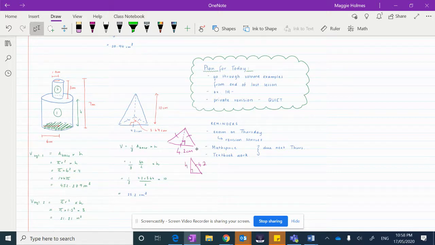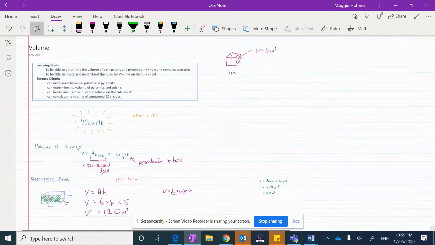This is your perpendicular height you're trying to find, and you've taken half of the base, so that's going to be 2.1. And you can do some Pythagoras to find h. So that's a much more complex problem, okay? But you have all the skills to be able to do it. So that's how you would then find the h, which you already have, multiply, etc.